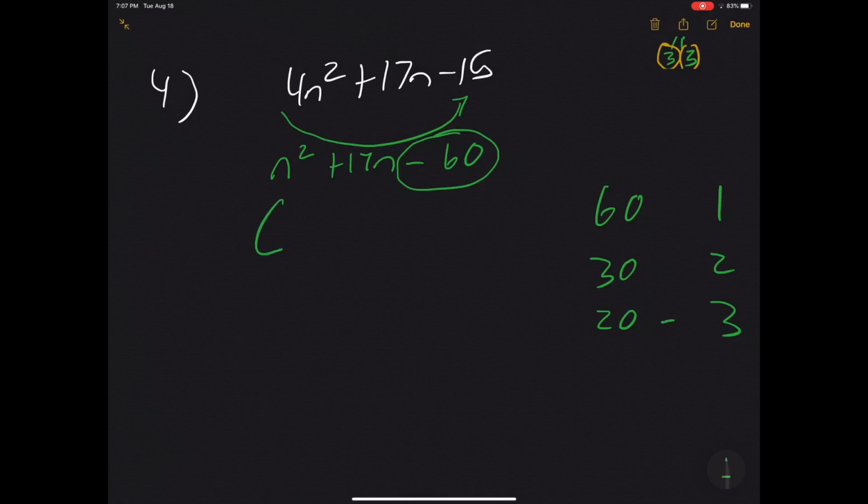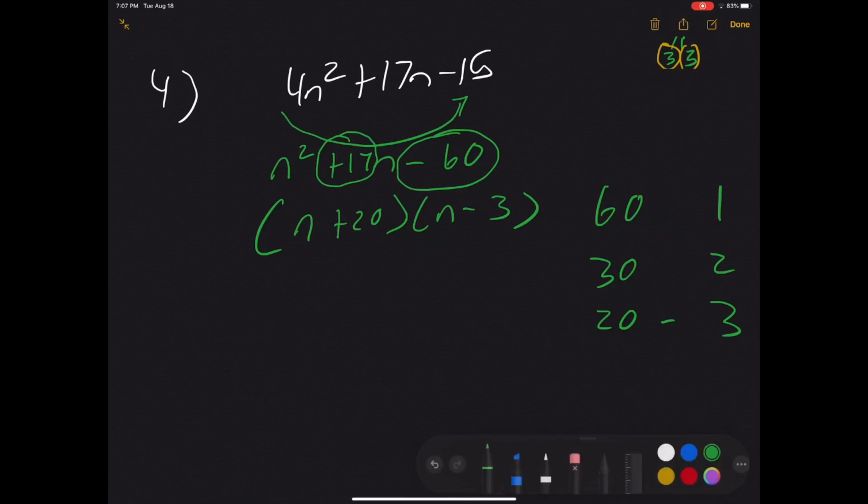So we get n, and we need the bigger number to be positive because they need to subtract to equal positive 17. So n plus 20, n minus 3. And we did our slide. Now we do our divide. Divide back the 4 that we slid at first.